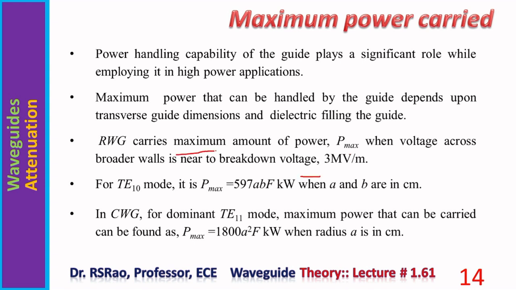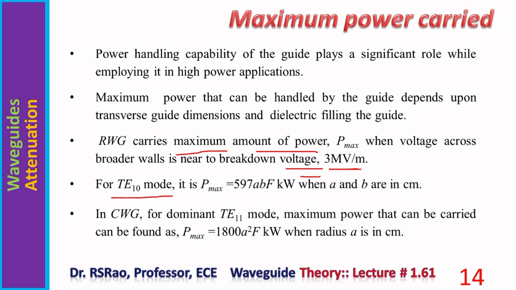A rectangular waveguide carries maximum amount of power when the voltage across the broader walls is near the breakdown voltage, that is 3 megavolts per meter. We take this breakdown voltage into consideration for calculation of maximum power that can be handled.